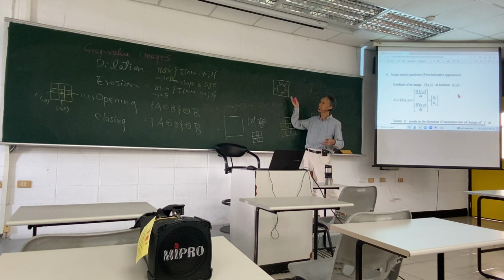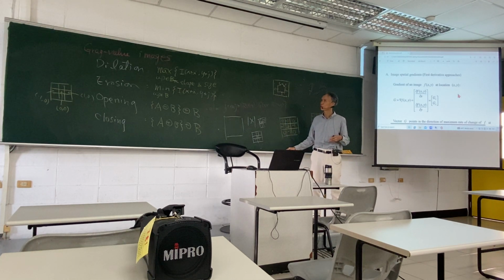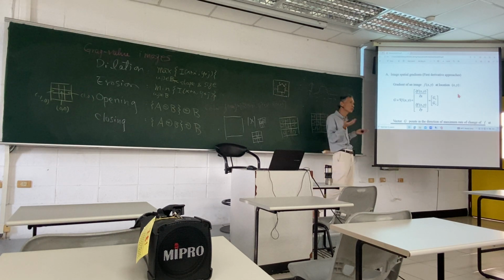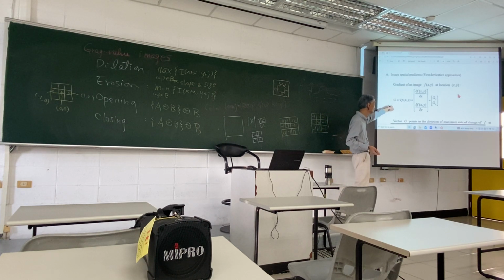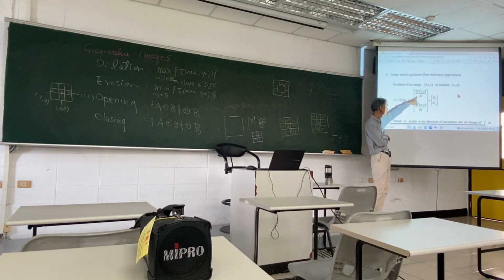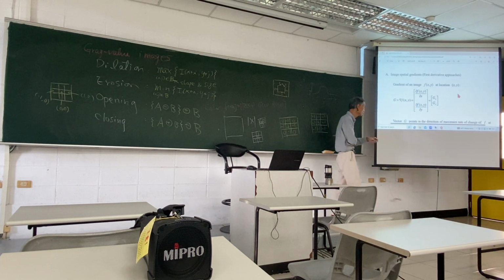You might need this additional information to help you make the judgment. For example, if you care only about horizontal lines, then you might need this information. But anyway, that's how we define the gradient. Because we are talking about a two-dimensional image, we take the derivative with respect to x and with respect to y, gx, gy.